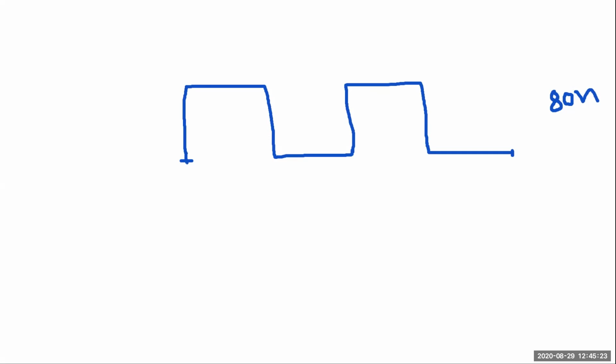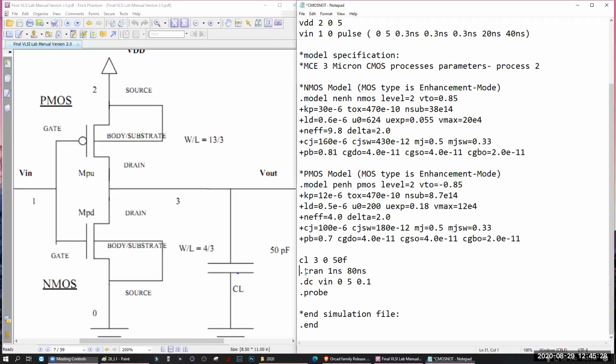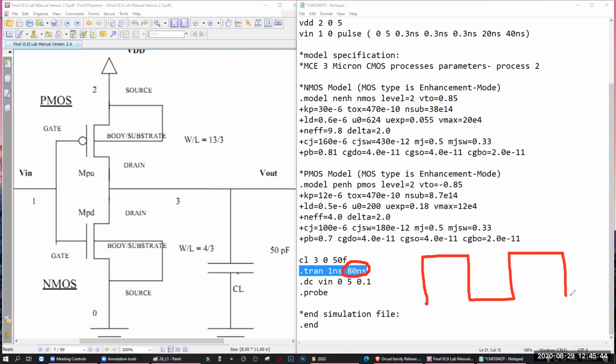So let's go back. Here you can see dot tran 1 nanosecond, 80 nanosecond. Understood why the 80 nanosecond is given? We want to see 2 cycles as our output. 1 cycle is how much? 40 nanosecond, because our input is 40. 1 cycle is 40.